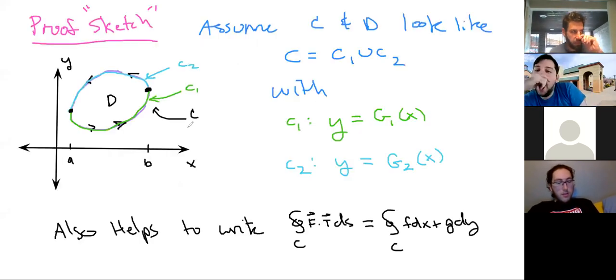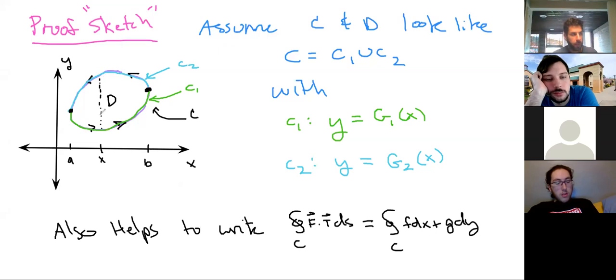So why do I say that? Well, if we do dy dx, if we integrate y first, that means we're holding x fixed. And if x is fixed, then if we look at this picture, we're going between this curve, the green one, up to the blue one.